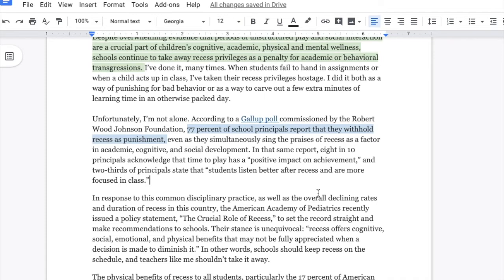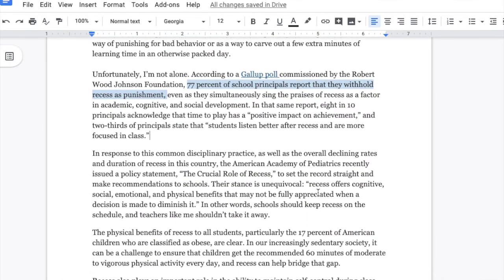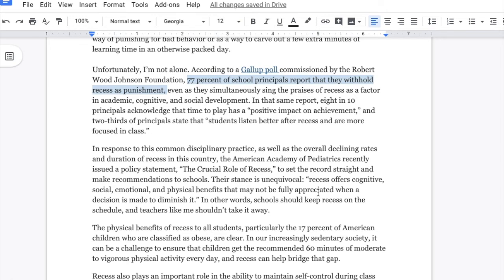So remember back to her title, students who lose recess are the ones who need it most. So 77% of school principals report that they withhold recess as punishment. Okay, so that identifies for us that there are a lot of elementary school principals out there who do this action. So it's a valid concern in which the writer holds.